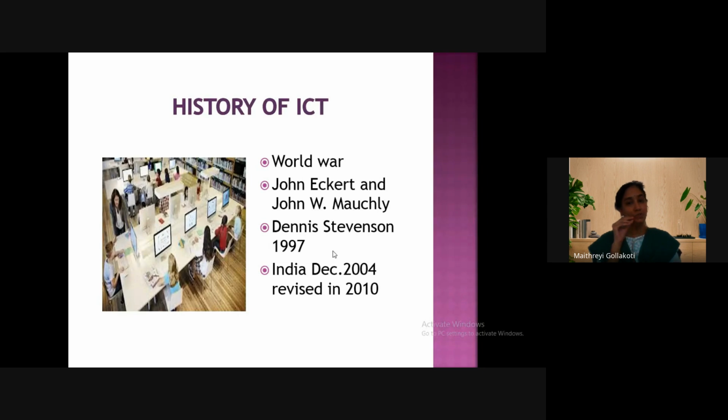So that was used way back in 2004. And later on in 2010, this policy was modified and they introduced ICT on a broader scale. But ever since the pandemic, that was the real turning point when ICT became a very, very prominent part of education from then on. Okay, next slide, please.